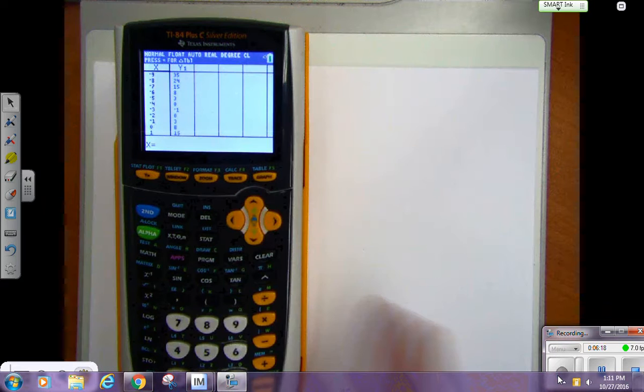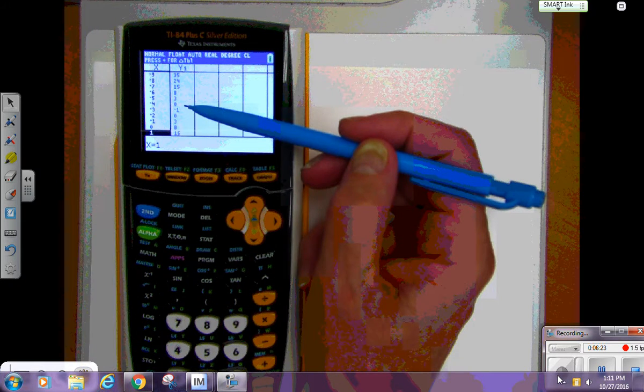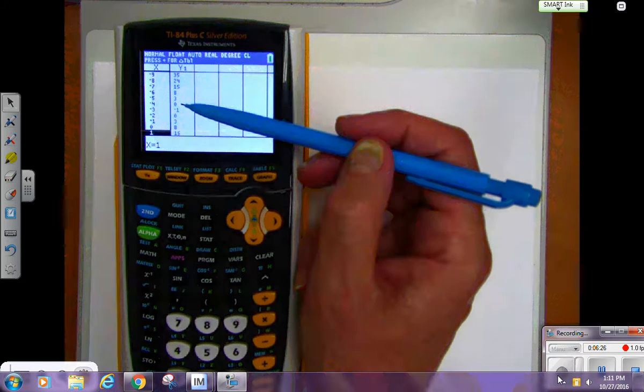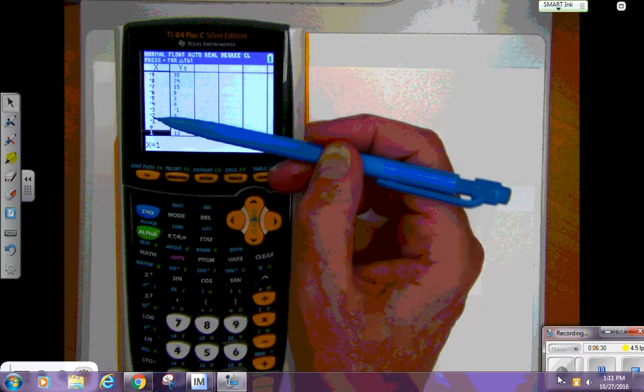Here, where x is -4, you can see that y is 0, so it crosses exactly at that point. And for the other x value, -2, y is 0 also, so it crosses exactly at that point.